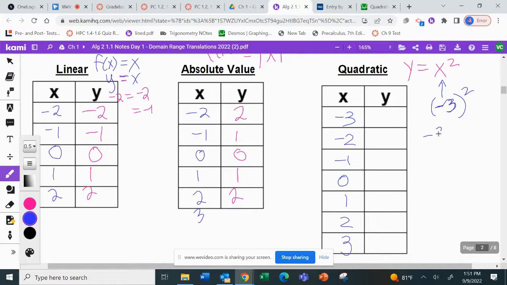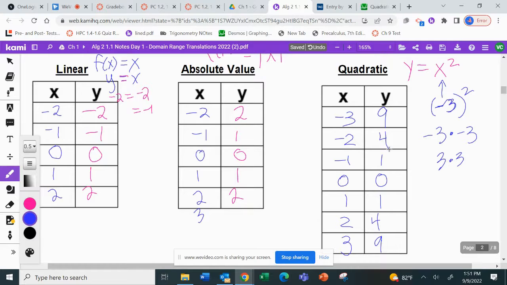I'm still afraid I hear somebody saying a negative number. If we multiply 2 negatives, it should just be a positive. If I plug in just 3 times 3, that's also a positive. So kind of like absolute value, but not the same numbers. I'm getting out only positives. 1 times 1, 2 times 2, or -2 times -2 is positive 4.